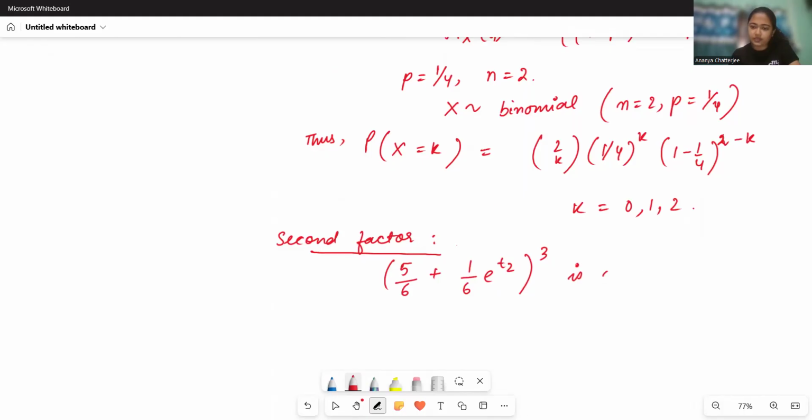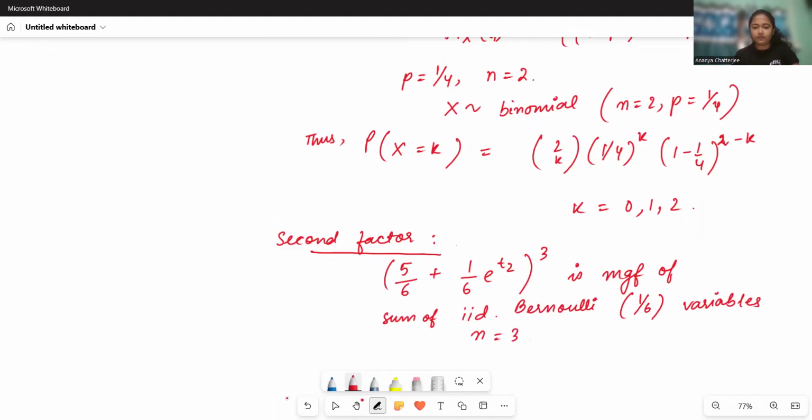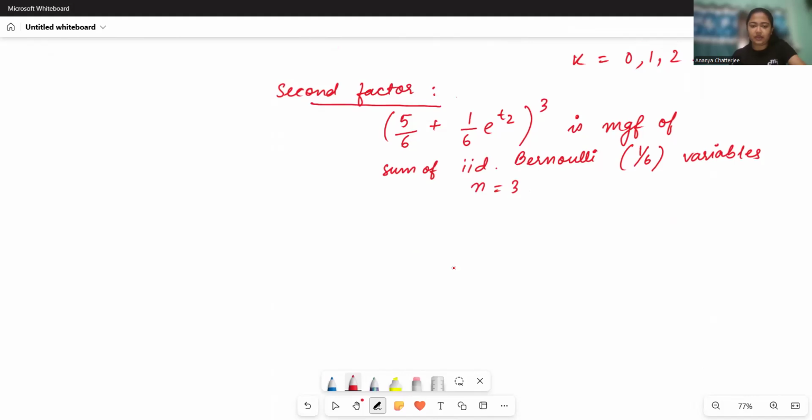Now this is the MGF of a sum of Bernoulli 1/6 variables where n is equal to 3, right? So from here we can write in a similar way that Y belongs to binomial with n equal to 3 and p equal to 1/6.